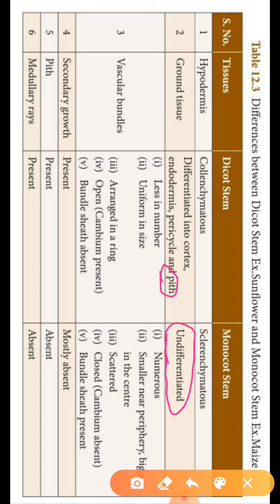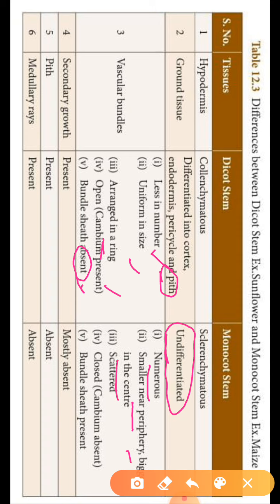Vascular bundles: less in number, uniform in size, arranged in a ring, open, bundle sheath absent in dicot stem. But in monocot stem, numerous, smaller near periphery, which means outer edge, bigger in the center.